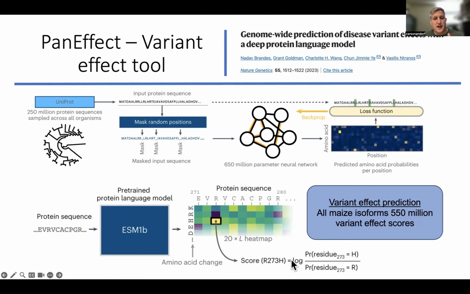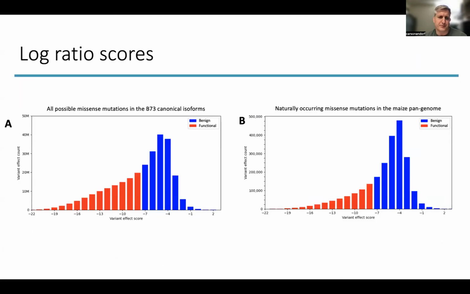You can use these values to infer or predict if it might have a functional consequence. We did this for 550 million variant effects in B73. We also ran 50 of the maize genomes we have through this. So we have several tens of billions of these variant effect scores that you can download at MaizeGDB if you're interested.